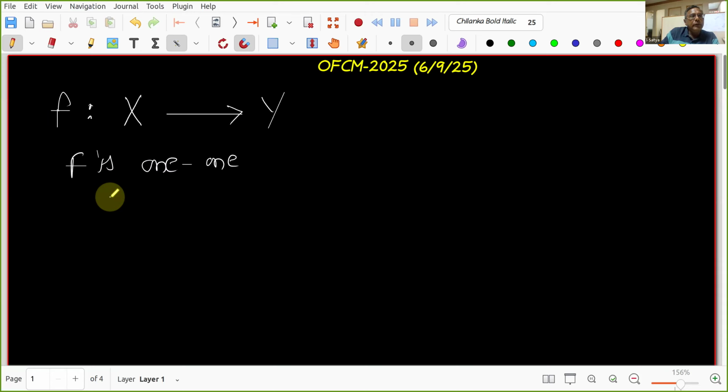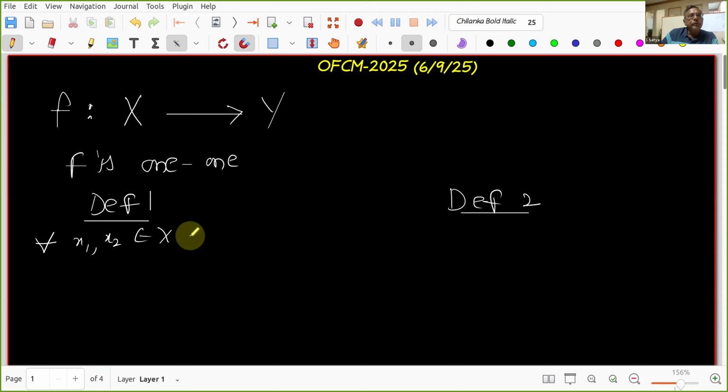We have two types of definitions, definition 1 and definition 2. What is definition 1? Given any x1, x2 in X, if f of x1 is equal to f of x2, then x1 is equal to x2.